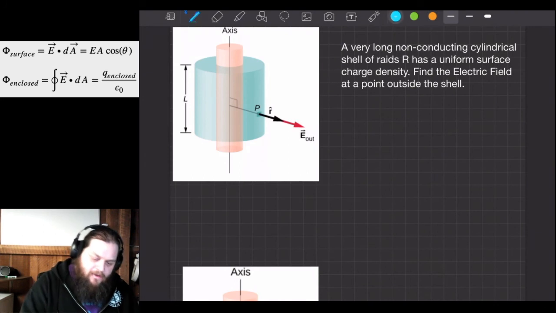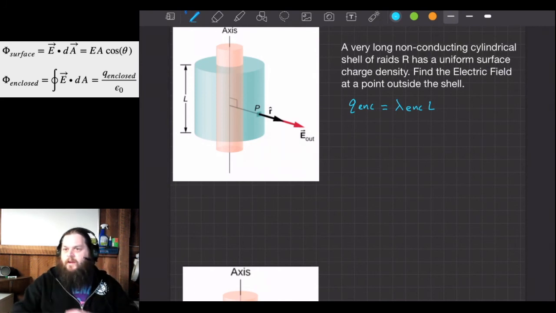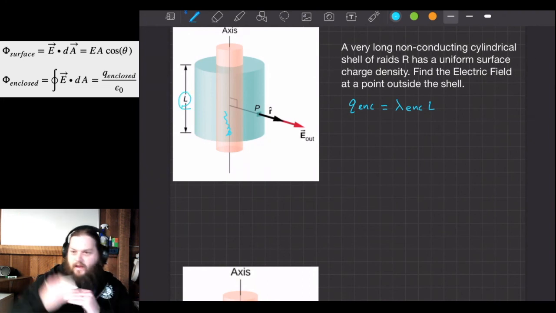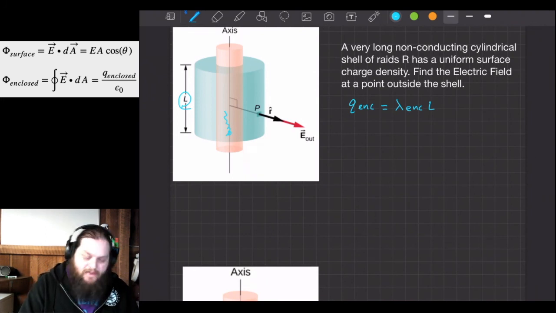So in this case, the charge enclosed, Q enclosed, is going to equal lambda, the charge density enclosed by our surface, times L. The charge density is how densely things are charged on this thing, and we're going to multiply it by L because that's the height of our cylinder in a way. And we can also say that that's equal to, say, the surface density enclosed times the area.